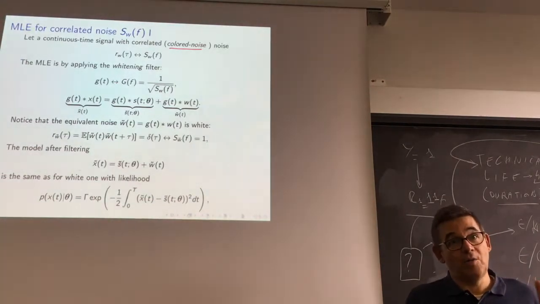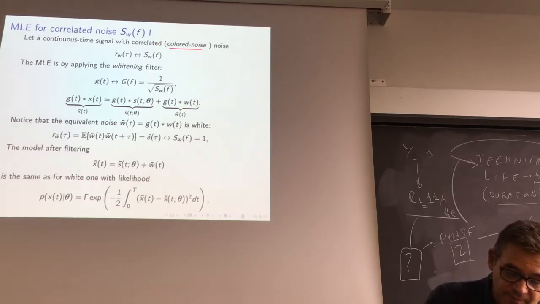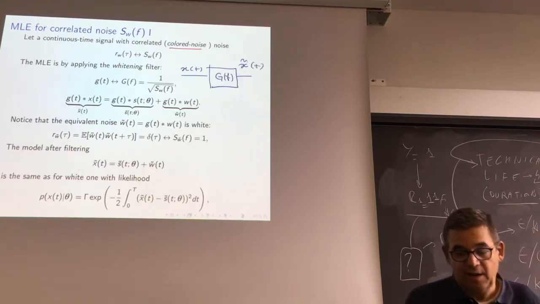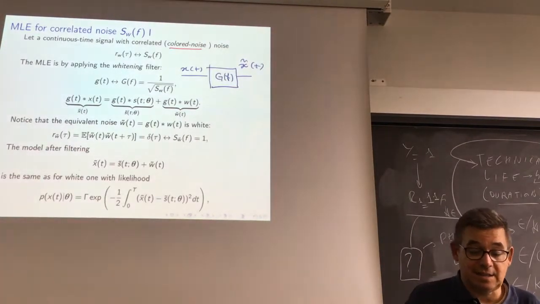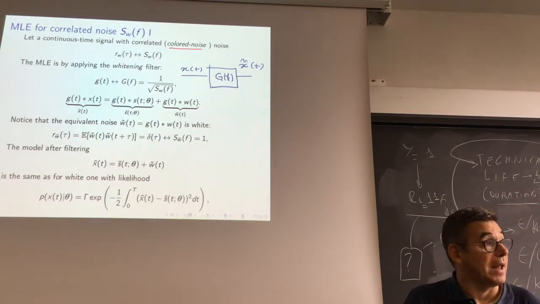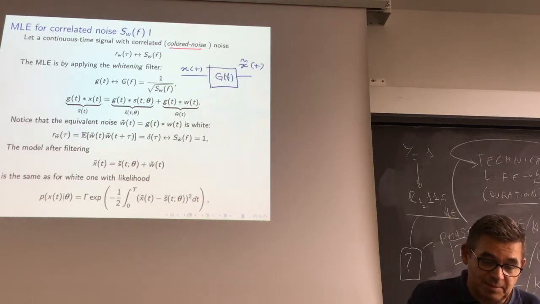So if I have x of t, and I apply a filter whose Fourier transform is GF, then the output, which is x tilde t, is referred to any content of xt. And since xt contains the model and the noise, for linearity the filter is applied to both individually.